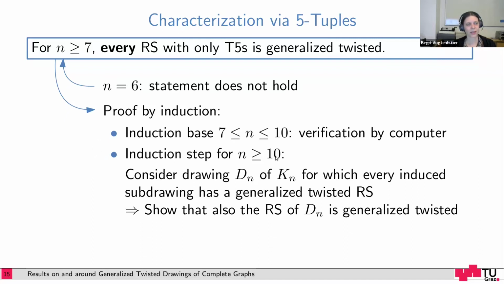And then in the induction step for n equal 10, we looked at a drawing of Kn for which every induced subdrawing has a generalized twisted rotation system, and showed that then also the rotation system of the drawing as a whole is generalized twisted. Sorry.